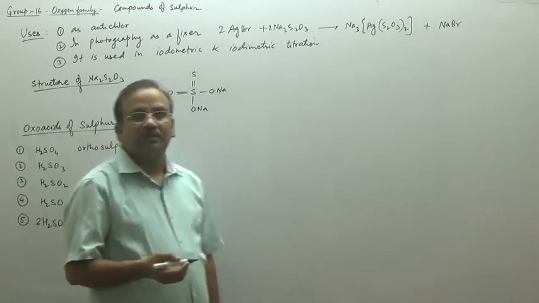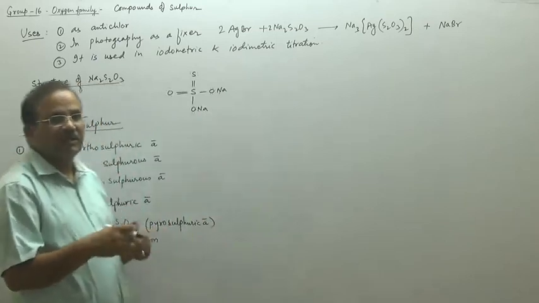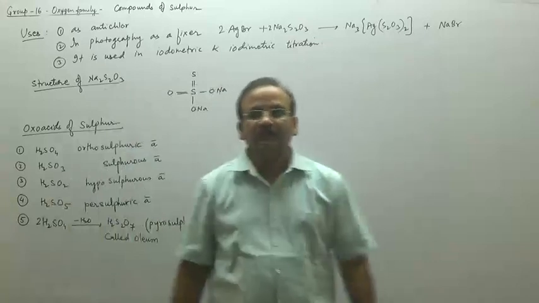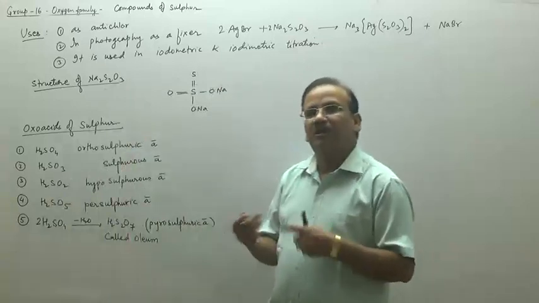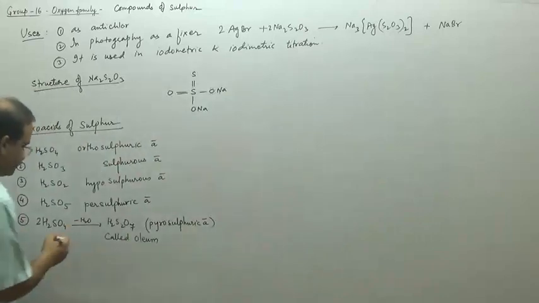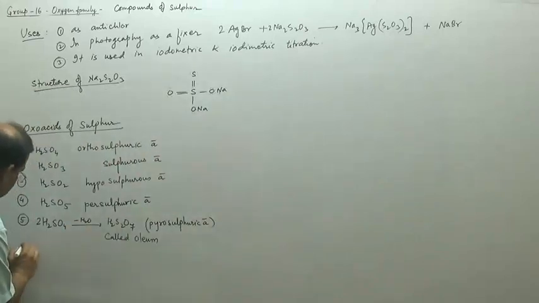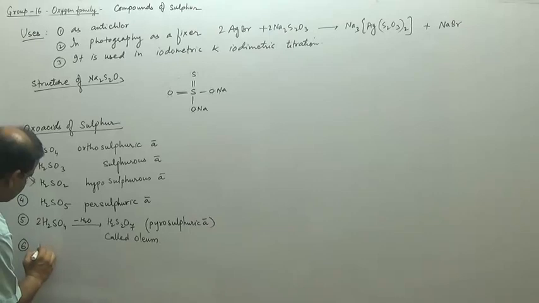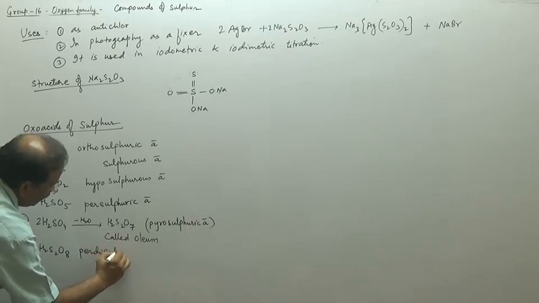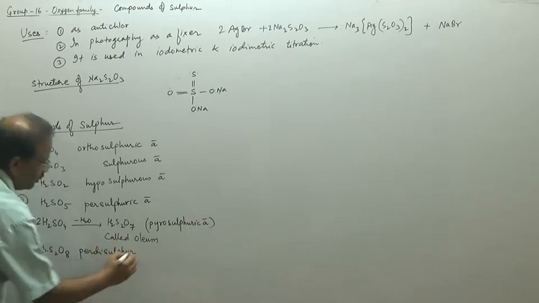Then we can write persulfuric acid... rather, perdisulfuric acid. If we add one oxygen in pyrosulfuric acid, then it will be called perdisulfuric acid. So I'm going to write it like this: H2S2O8, then it is called perdisulfuric acid.